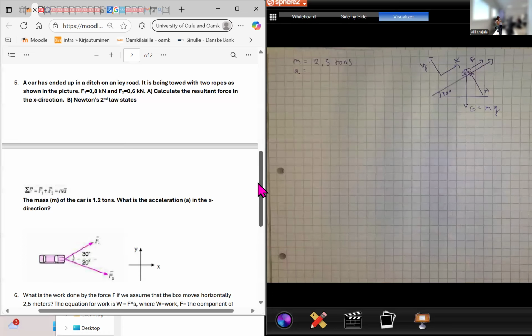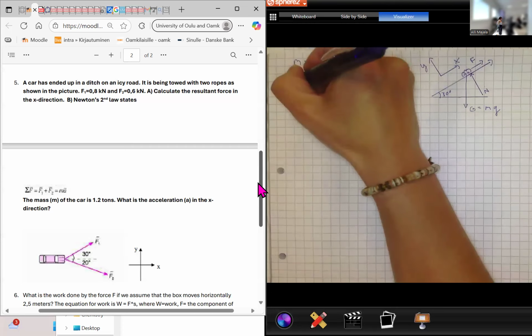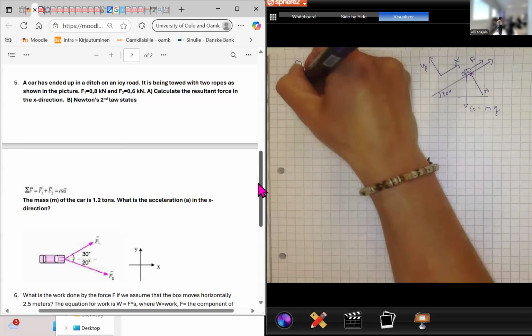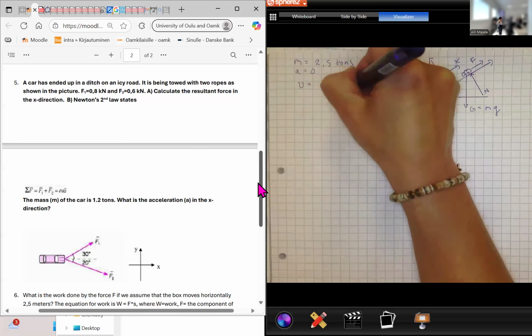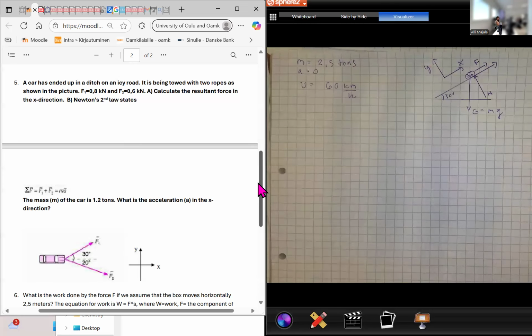Or then you would know that maybe it wouldn't accelerate, but it would go at a constant velocity of, for example, 60 kilometers an hour. I don't know if this goes a bit too much, if there will be too many variables for our calculations suddenly.